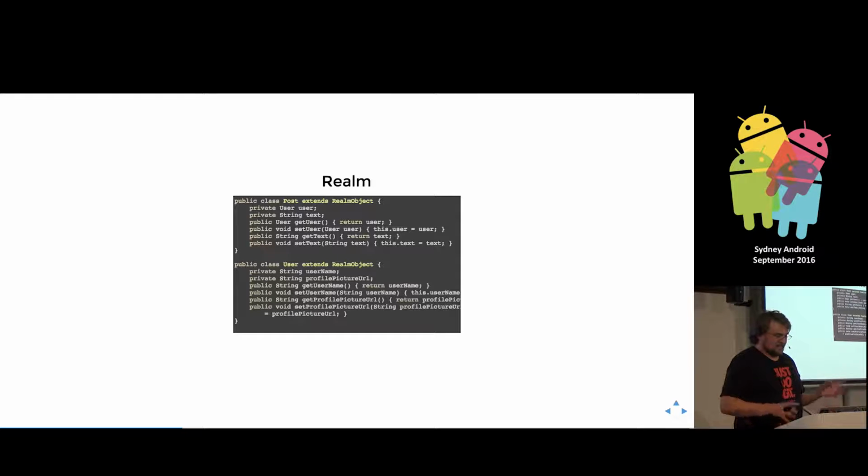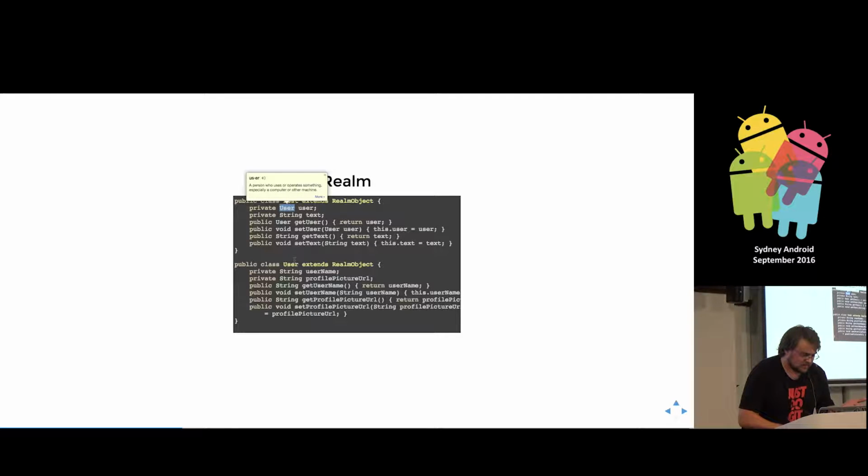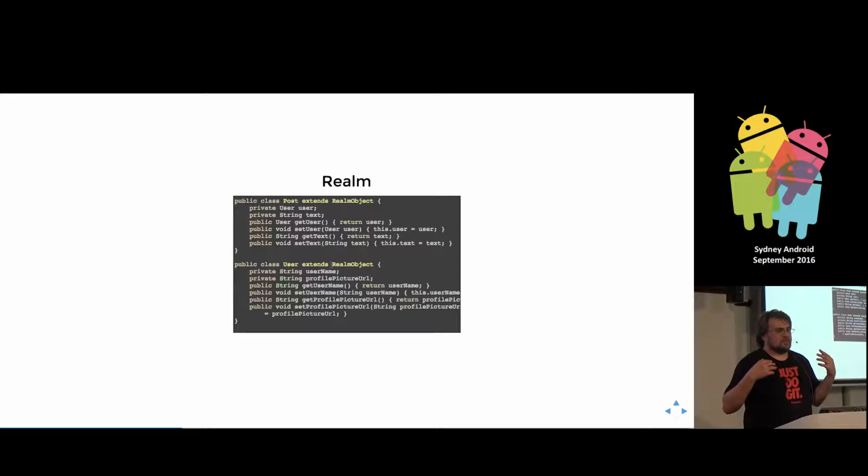We just say to the post model, you have a user, and we have it. All that connection is there for you, and everything's wired up. There are no foreign keys to worry about, no cascading deletes to deal with. Everything's baked in from the beginning, so you don't have to do anything.